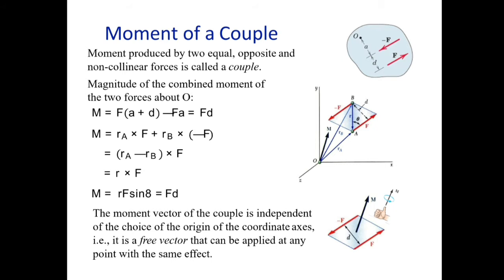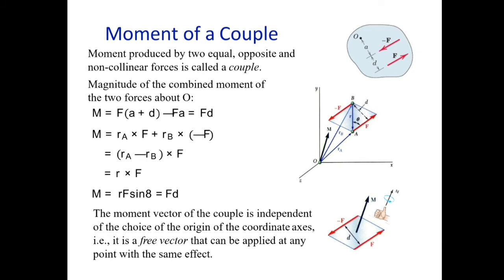Now if we compare the triangle made by Ra, Rb, and the distance between the origin points A and B, that is R, then by observing this triangle we can say Rb plus R equals Ra, or Ra minus Rb equals R. So by rearranging we get (Ra minus Rb) cross F. F is common.